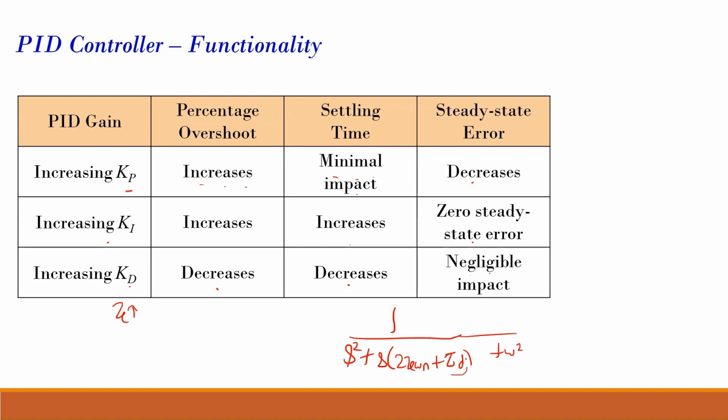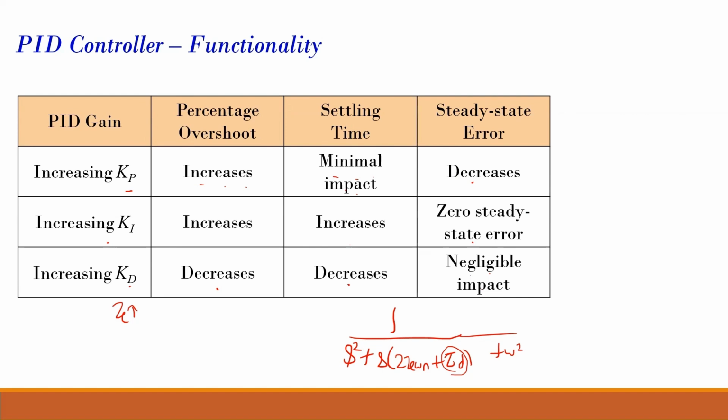So this tau d will increase the effective zeta. In that sense, your KD will improve your damping, and because it improves the damping, your overshoot and settling time reduce.